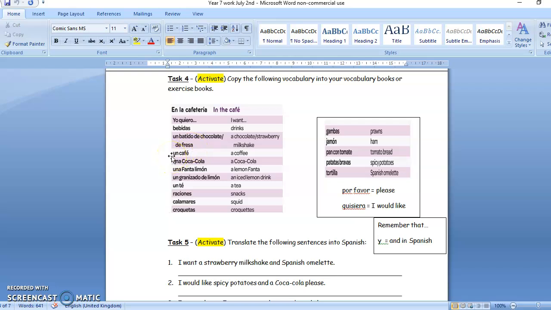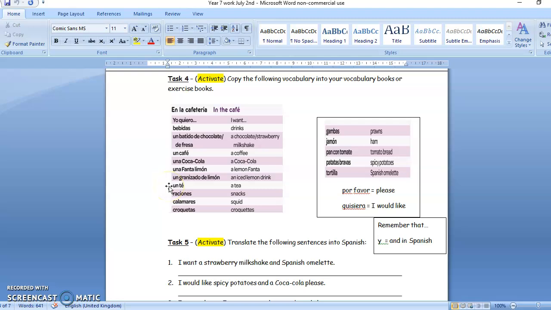Una Coca-Cola. Una Fanta limón. With that one, we could also say una Fanta naranja. Can you think what that is? That's an orange Fanta. We've done colours in the past. Naranja is obviously orange. Next one. Un granizado de limón.